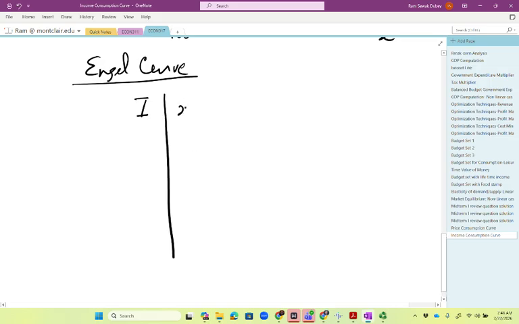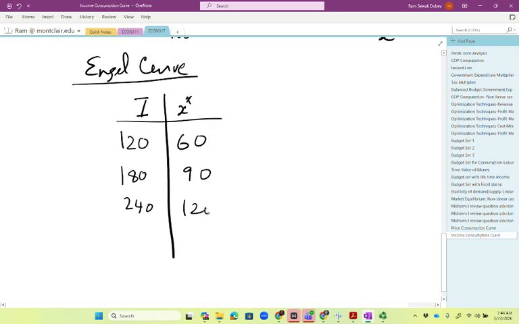This information is from the previous table I have already written. So when income is 120, we saw X star was 60, income goes to 180, X star becomes 90, income becomes 240, I have 120, 300, 150.